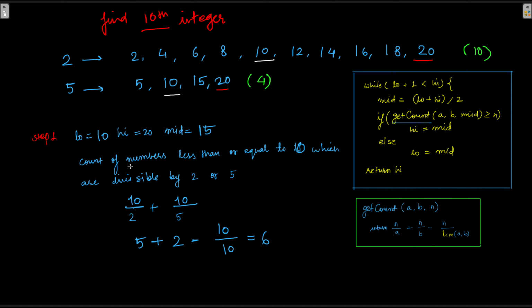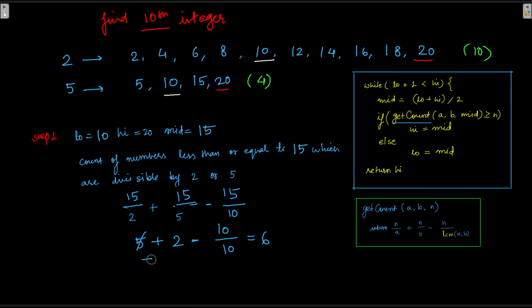Now the count of numbers which are less than or equal to 15: 15 divided by 2, 15 divided by 5, and minus 15 divided by 10. What do we get?